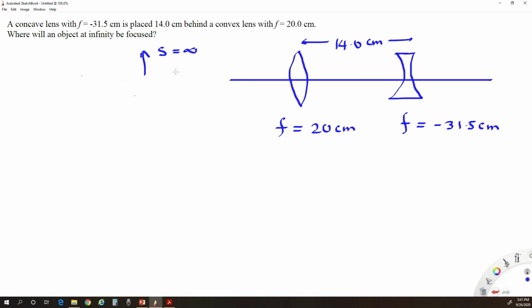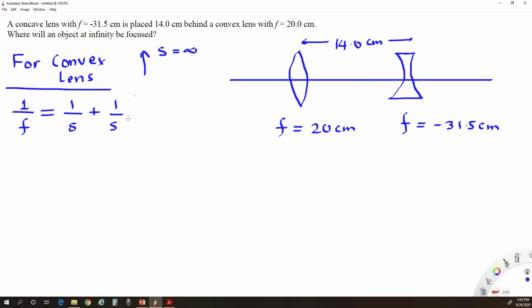Now when we deal with this kind of combined lenses, we can deal with the lenses individually. So in this case, let's deal with the convex lens first. For the convex lens, our thin lens equation is 1 over f is equal to 1 over s plus 1 over s prime.